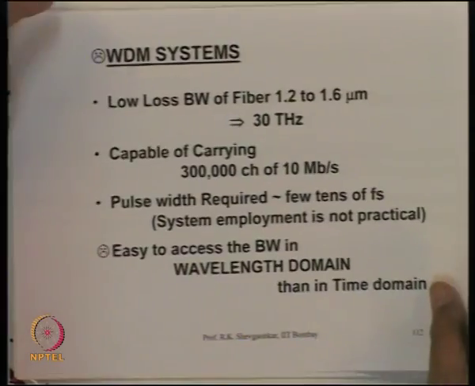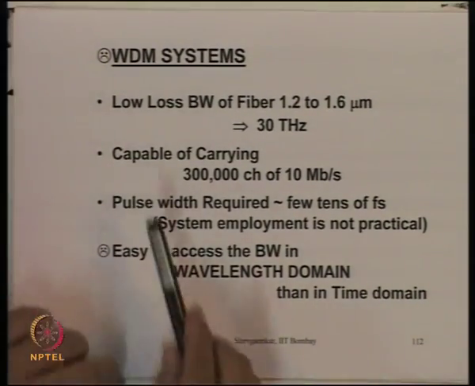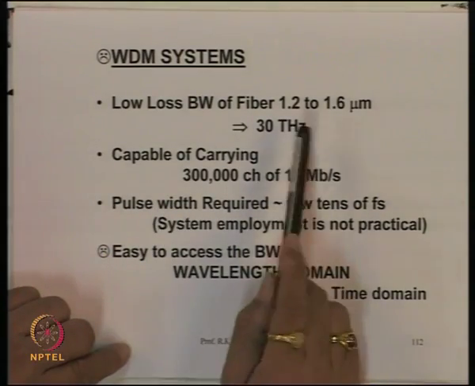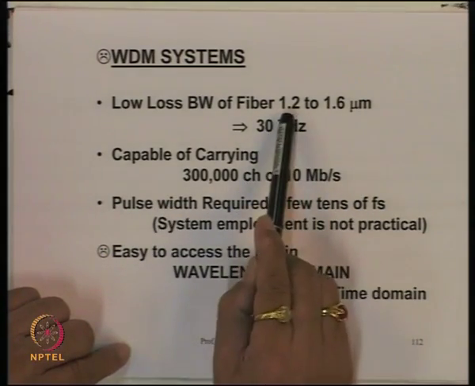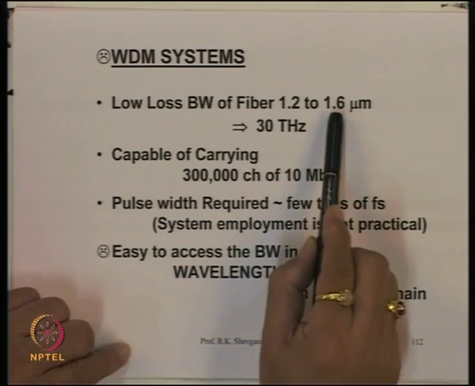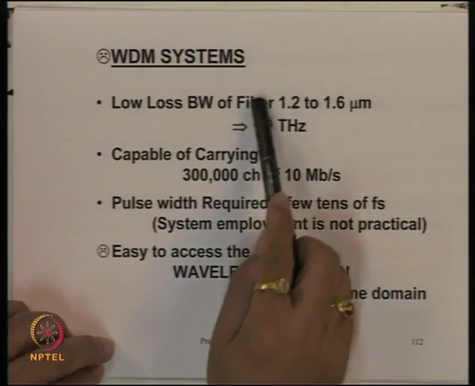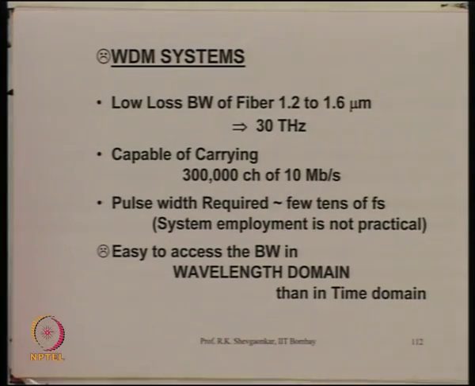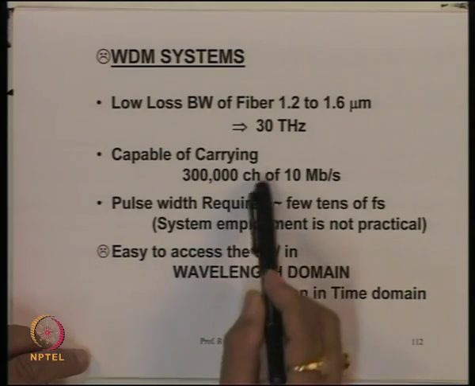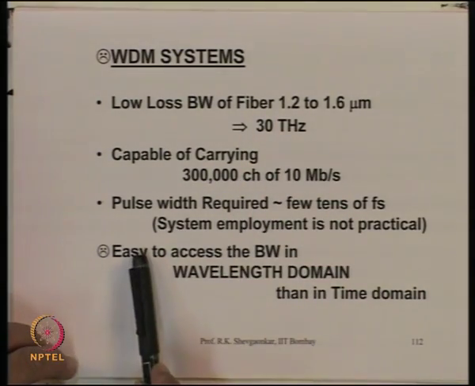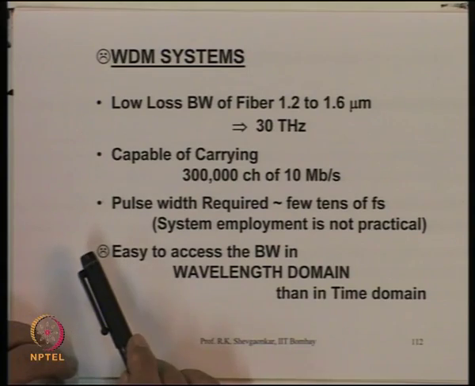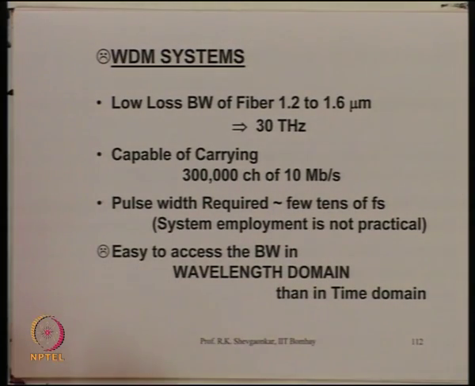Now if I look at the numbers, what this is telling you is that the low loss window of the optical fiber, which is between 1.2 micron, which is 1200 nanometer, to 1.6 micron, that is 1600 nanometer, has an effective bandwidth of about 30 terahertz. In terms of communication channels, this bandwidth can support effectively 300,000 channels of 10 megabits per second.